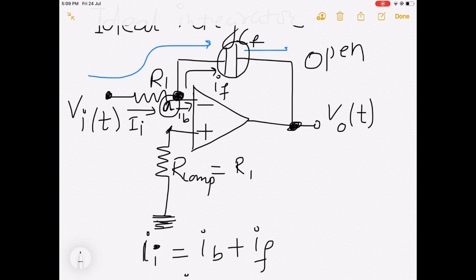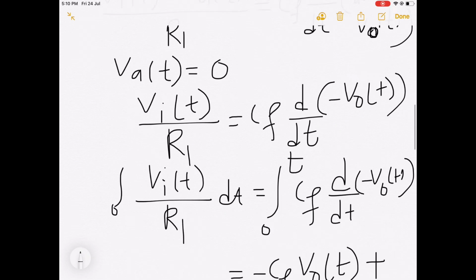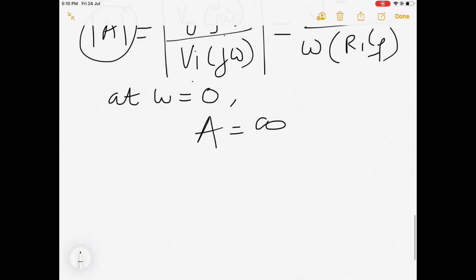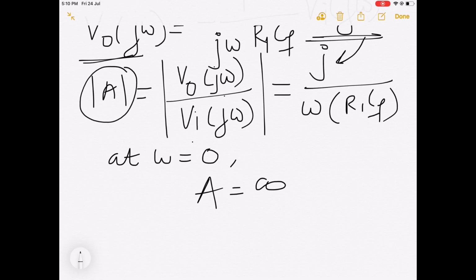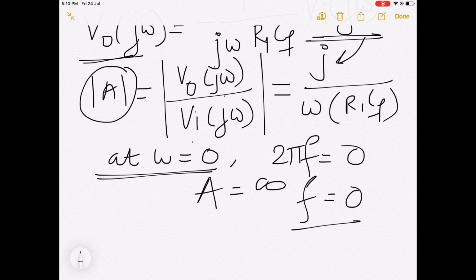In practice the output will never become infinite. As frequency increases, the gain of the integrator decreases. So one of the drawbacks of this ideal integrator is at omega equal to 0, that means 2 pi f equal to 0 and f equal to 0, your gain will be infinite. That is why, as frequency increases, your gain decreases.